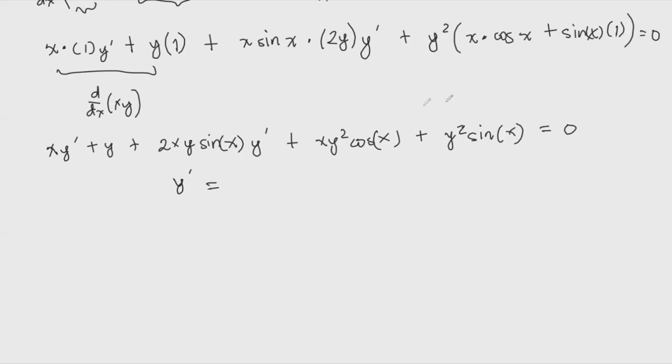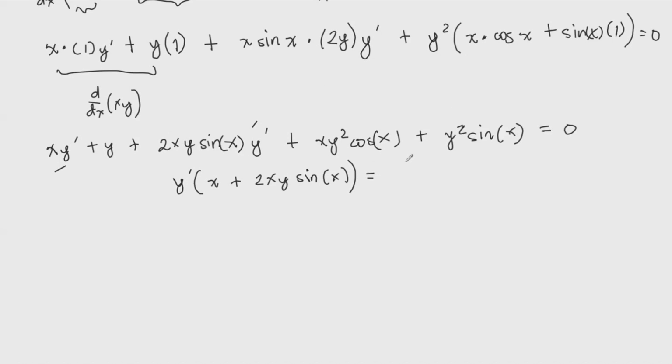So the derivative would be equal to, let's just factor out y prime from the terms that have a y prime. So in this case we have here 1, so that's x, and then in this case we have y prime, so that's plus 2x y and then sine of x, and then the rest we don't have any y prime, so we transpose that to the right.